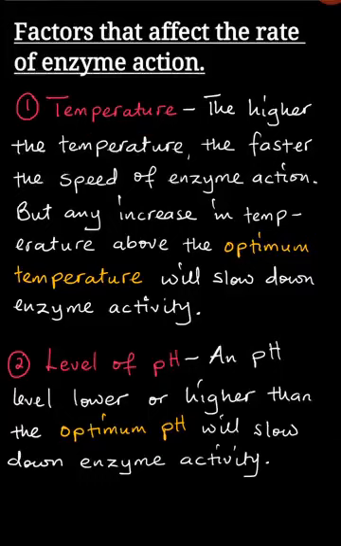We already looked at temperature in the previous lessons. Now, what you must understand is this. As the temperature goes high, the action of enzymes goes faster. So the higher the temperature, the faster the speed of enzyme action.